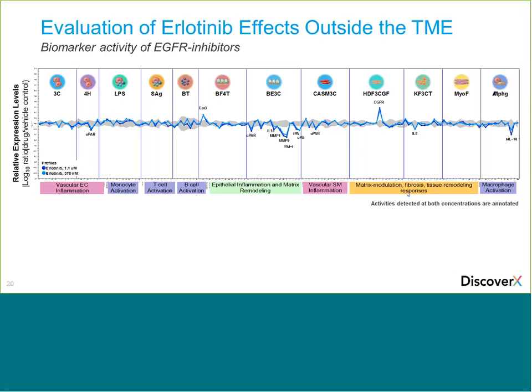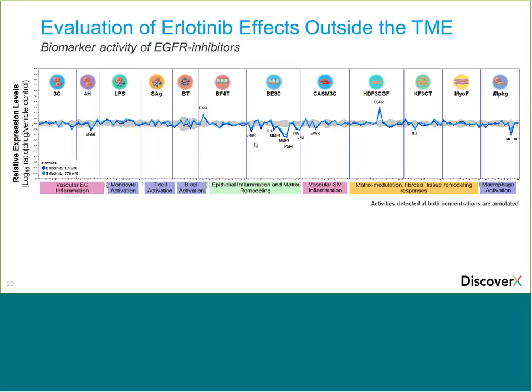So in this case, what we've done is we've profiled erlotinib at 2 different concentrations. And as you can observe, we can largely see an activity in this bronchial epithelial system for erlotinib. This system has been stimulated with some inflammatory cytokines, creating a bronchial inflammation model.